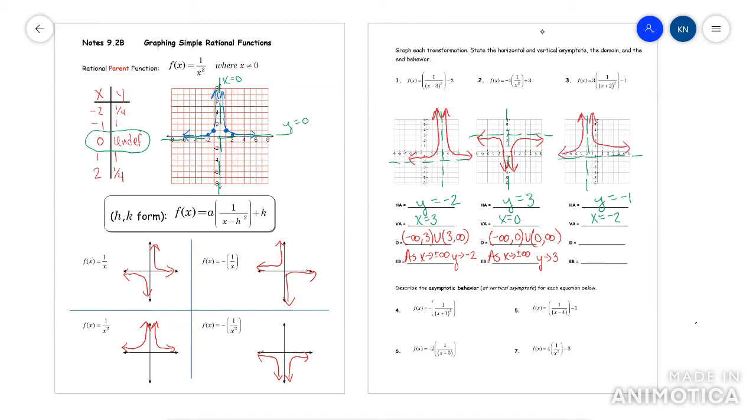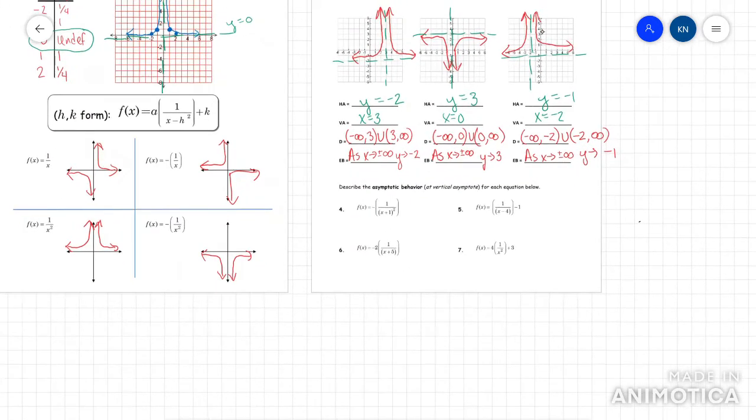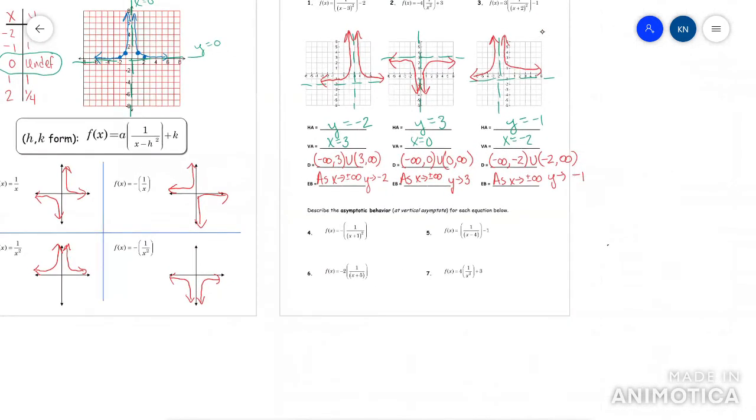And so now the domain, the left section, is everything from negative infinity to my vertical asymptote at negative 2. And the right section is everything from that vertical asymptote at negative 2 to positive infinity. And then if you look at both of these arrows, they're both going to level off at that horizontal green line. So as x goes to plus or minus infinity, my y value is leveling off at that horizontal asymptote of negative 1.